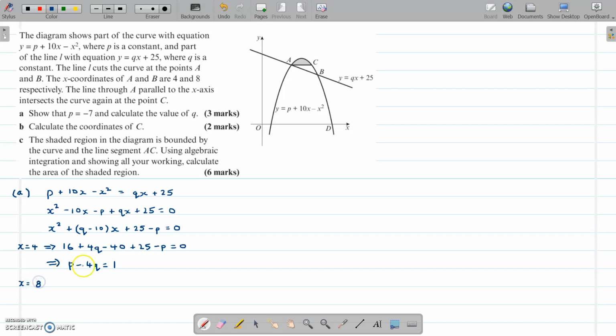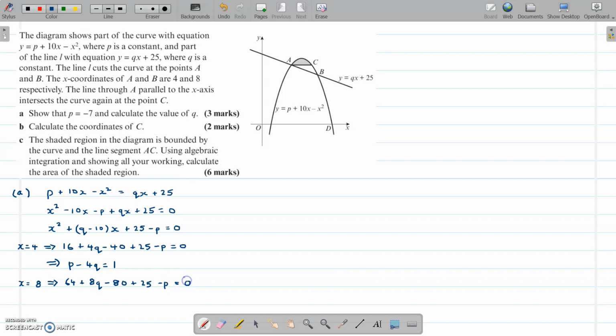Now I do a similar thing when x is 8, because that's the other place where we know the curve crosses the straight line. So when x equals 8, I get 64 plus 8q minus 80 plus 25 minus p equals 0.